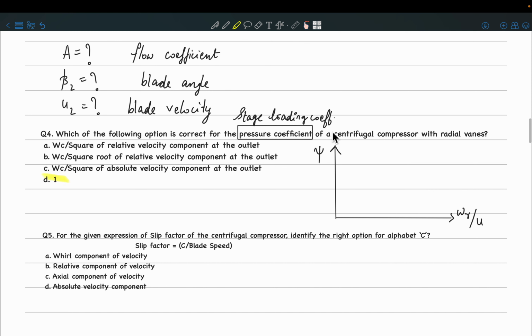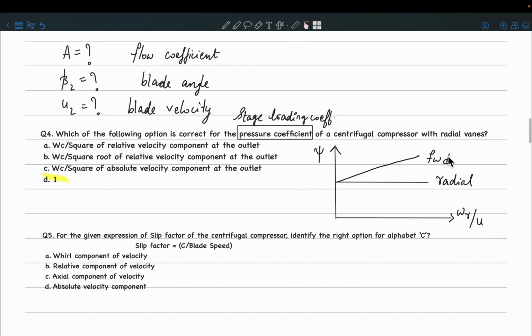But what happens if we have a forward lean or a backward lean, which we'll discuss subsequently? So, okay, I'll just draw this. This is for the radial case. But if I change the radial velocity, then you will see that in the case of forward lean, the stage loading coefficient increases along the radius of the impeller.